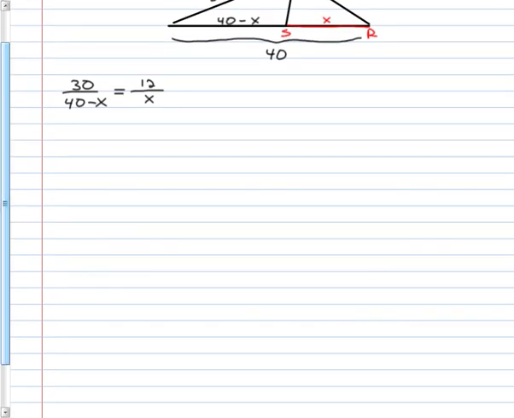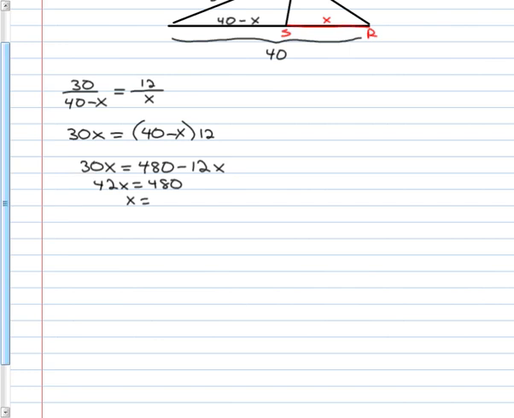And we'll do cross products. 30 times x must equal 40 minus x, in parentheses, the whole thing is being multiplied by the 12. 30x must equal, distribute that 12, so it would be 480 minus 12x. I'm going to add 12x to 30x. 42x equals 480.